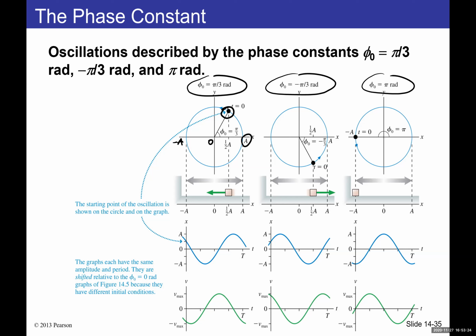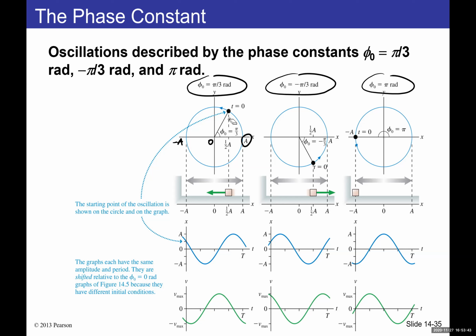So this is the instant where the object is moving to the left, between A and 0, but it moved basically pi over 3 radian equivalent distance, and it is moving to the left toward the equilibrium position.